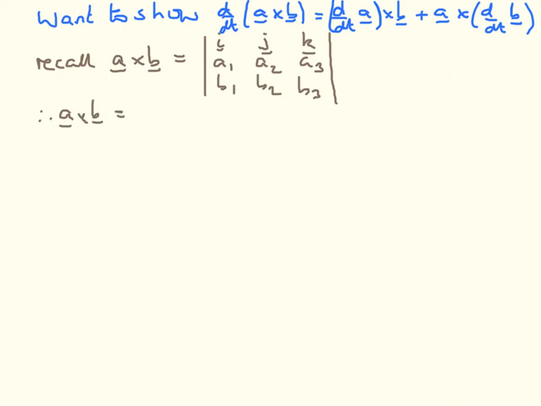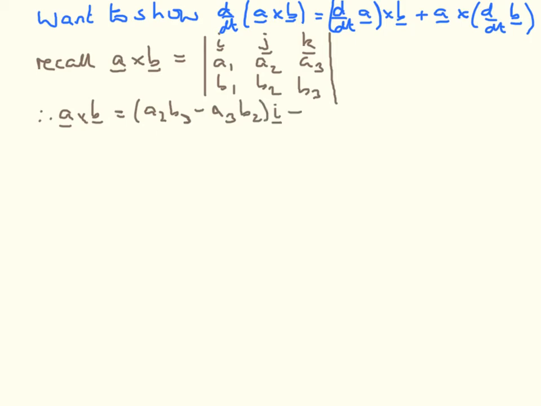So this is our vector product, and that tells us that A cross B is equal to, so to work out the I direction, we expand, as it were, across the top row. We say in the I direction we have this times this minus this times this. So that's A2B3 minus A3B2. So let me just write that down. A2B3 minus A3B2 in the I direction.